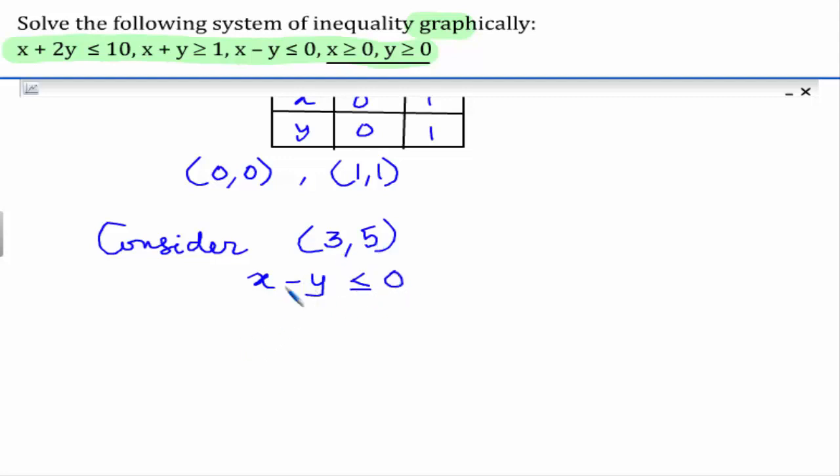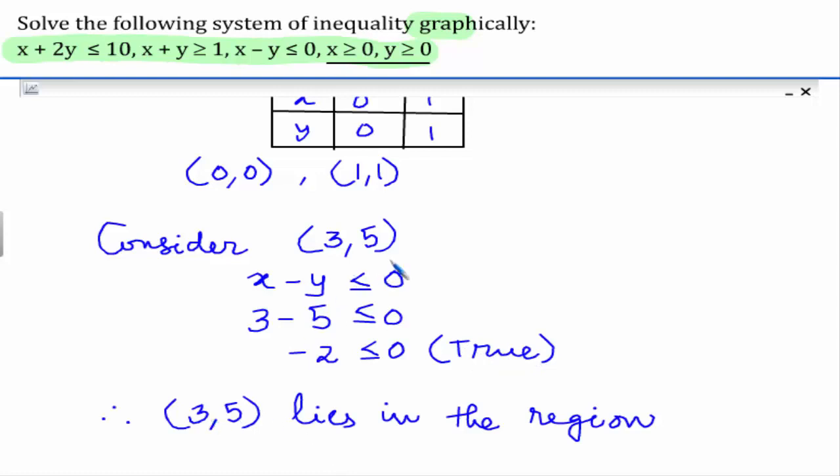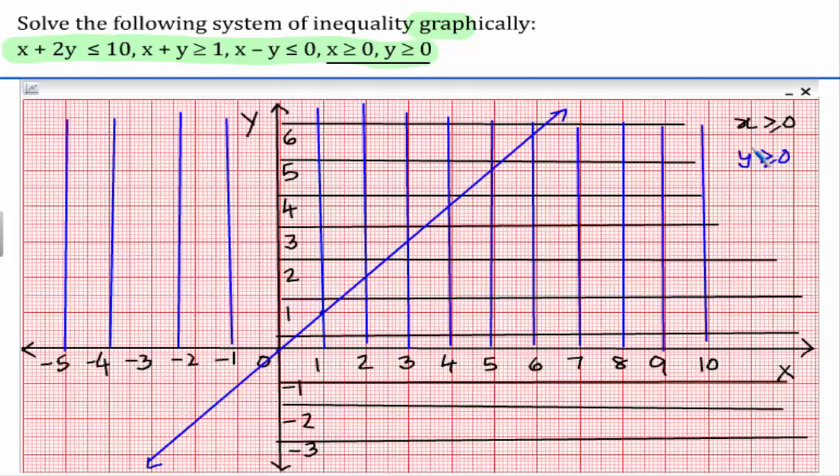So now substitute 3 in place of x and 5 in place of y, then we write 3 minus 5 is less than or equal to 0, which gives minus 2 less than or equal to 0, which is a true statement. So therefore the point which we have chosen, 3, 5, lies in the region. So let us select 3, 5. 3, 5 will be here. So our region should be towards this.